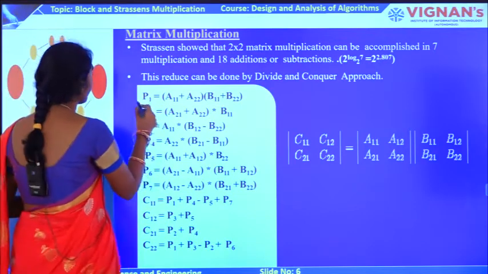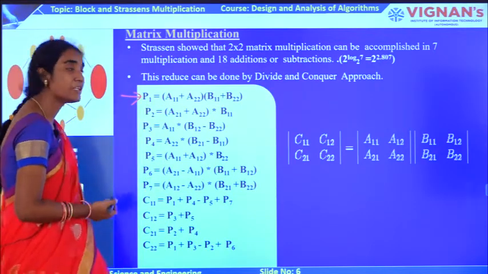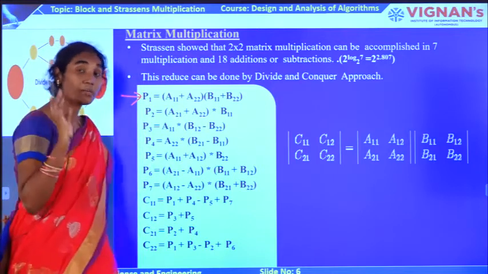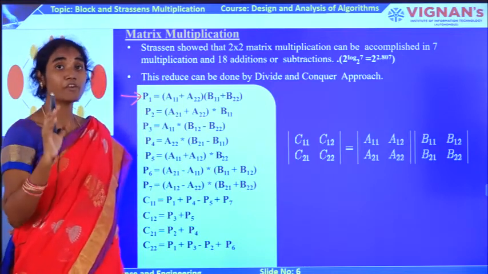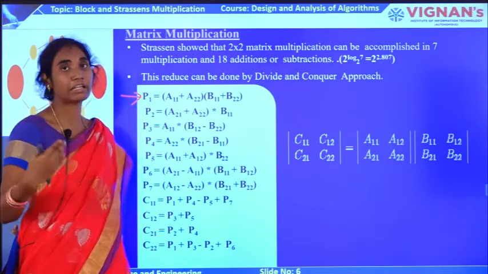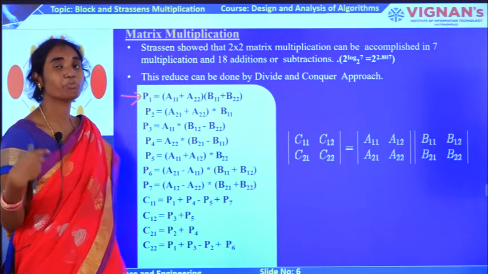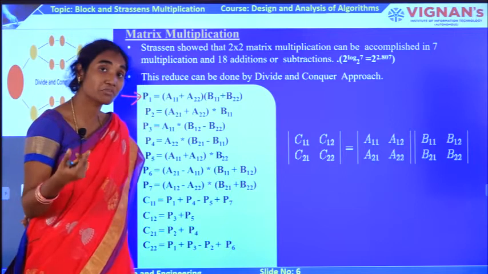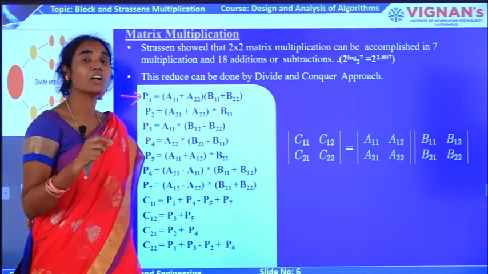Here P1 is given as (A11 plus A22) into (B11 plus B22), and the basic fundamental rule is that to perform an addition, the processor or an algorithm takes less time compared to a multiplication. Multiplication takes more time compared to an addition.